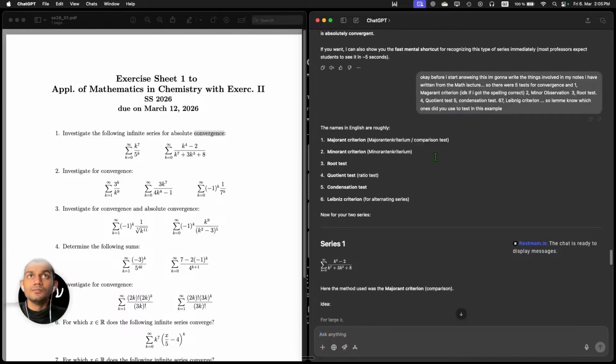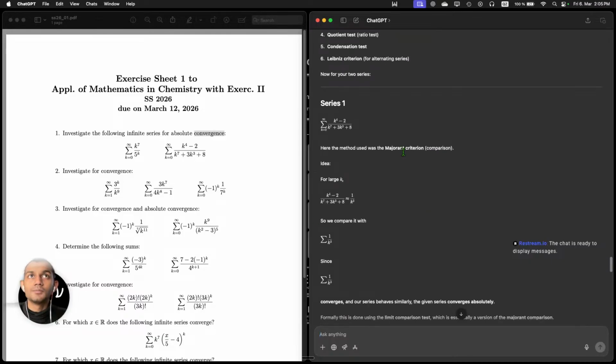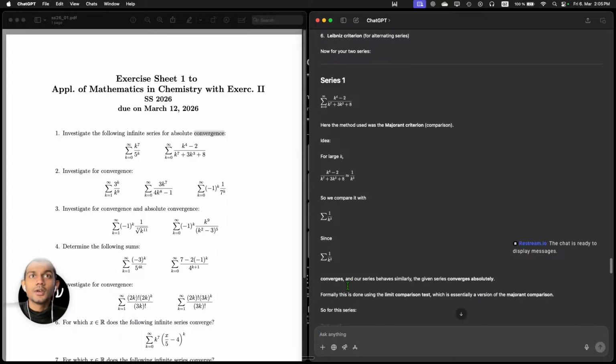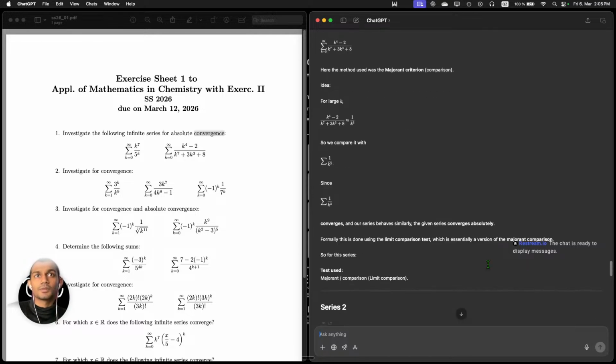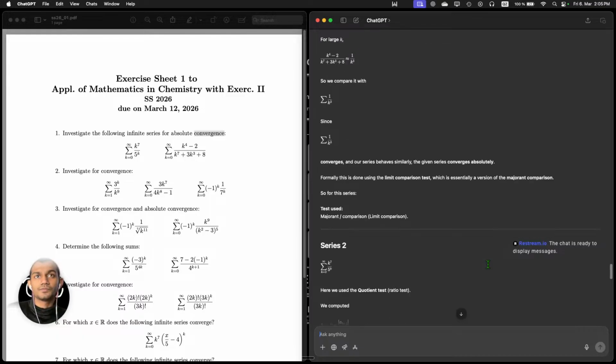So the first one was majorant criterion, comparison between the average or rough value, so series behave similarly. Formally, this is done using limit comparison, which is essentially a version of the majorant comparison for this series. Majorant comparison, limit comparison, series 2.